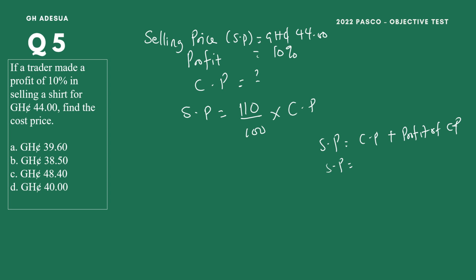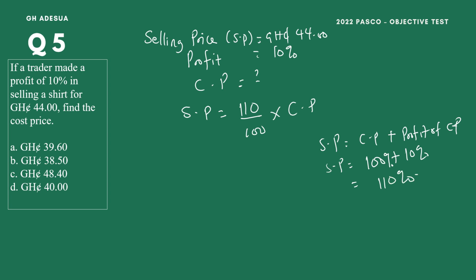So at last, if his cost price is supposed to be 100, he made 10% of the 100%, he made 10% extra. That is what 10%. So what we are having now is going to be 110%.